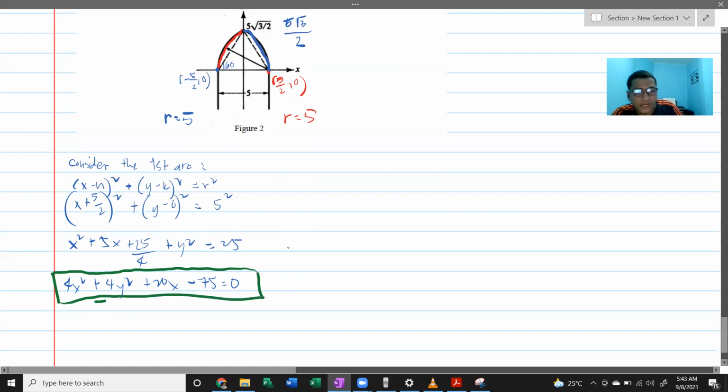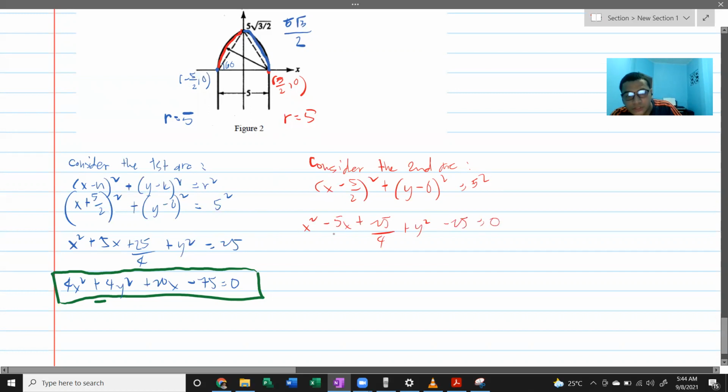What about the second arc? Same solution. Let's consider the second arc. (x minus 5 halves) squared plus (y minus 0) squared equals 5 squared. So x squared minus 5x plus 25 over 4 plus y squared minus 25 equals 0.